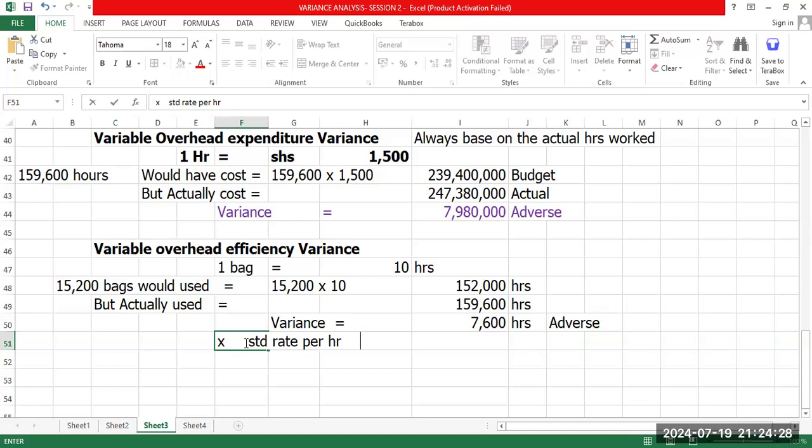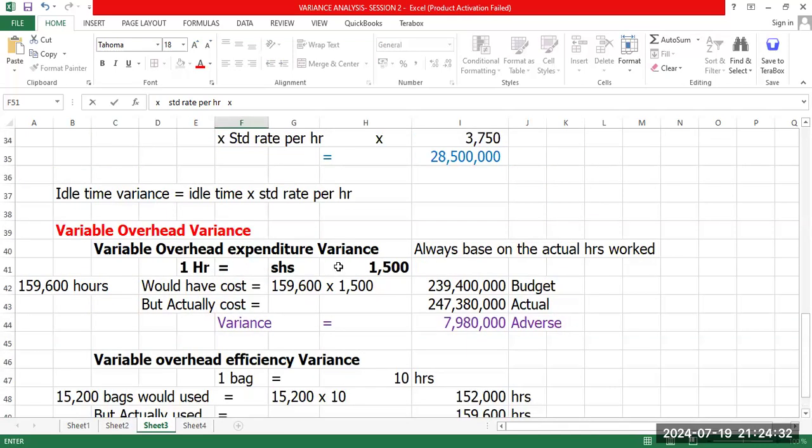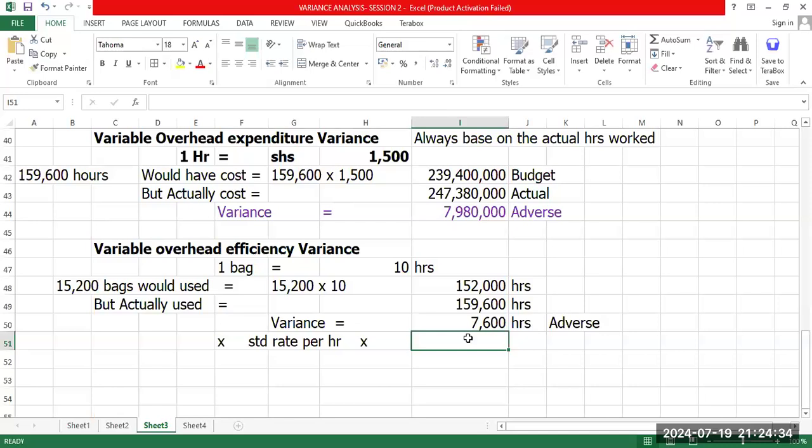And that is how much? Standard rate per hour, it is this one, 1,500. Then finally, your variance is this times this times this. And that is your answer.